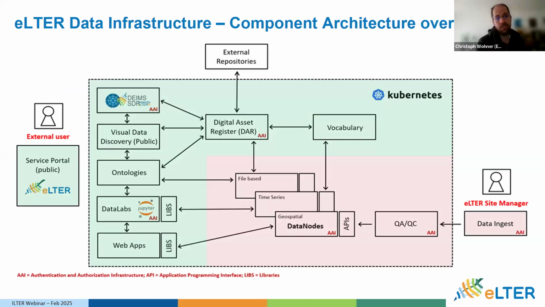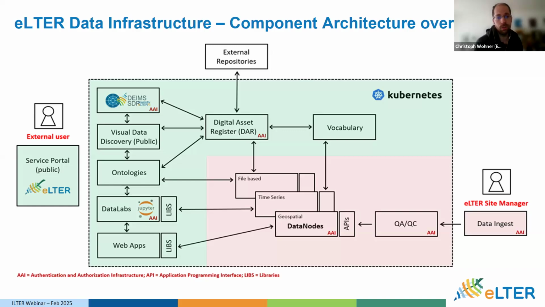We have a visual data discovery, which will be a user-friendly way of actually having a look at the data and visualizing it directly in the browser. We have semantic resources, ontologies, controlled vocabularies, where measurements can be described and looked up in great detail.